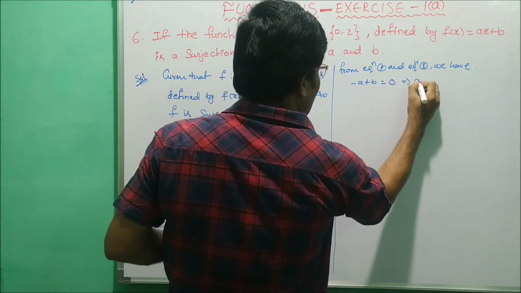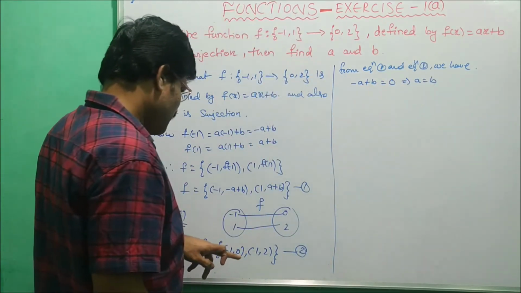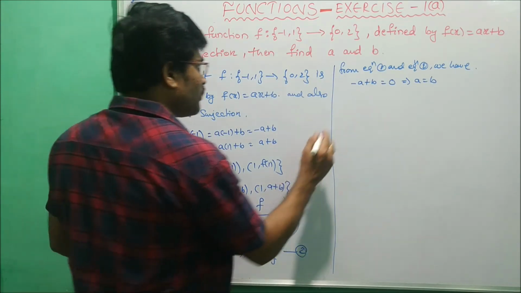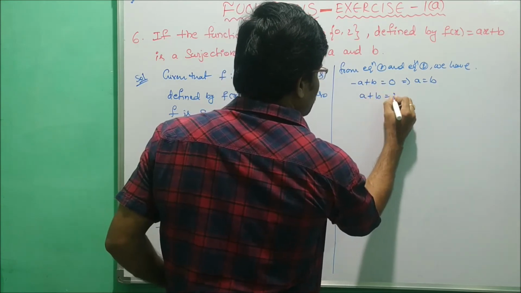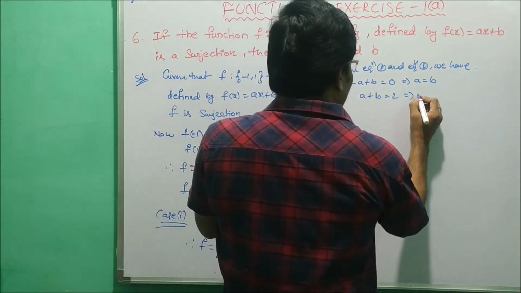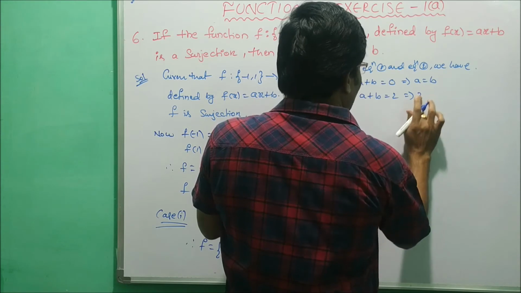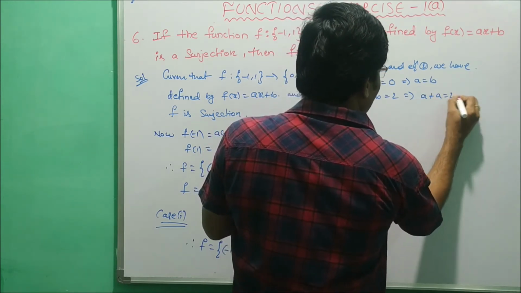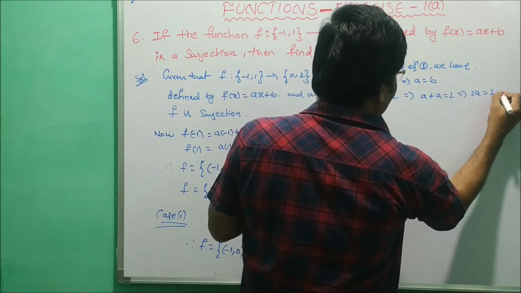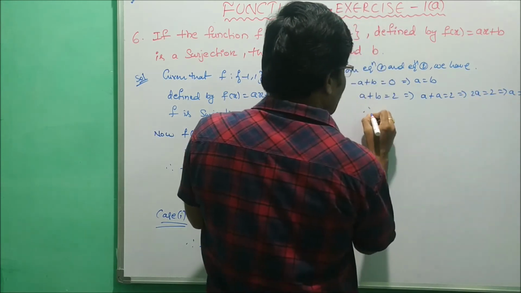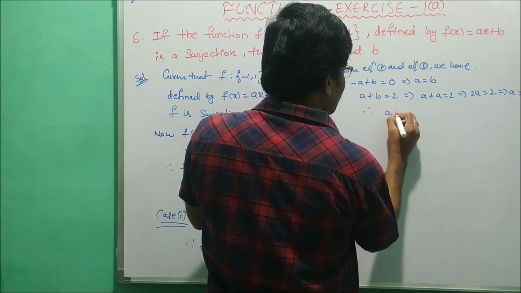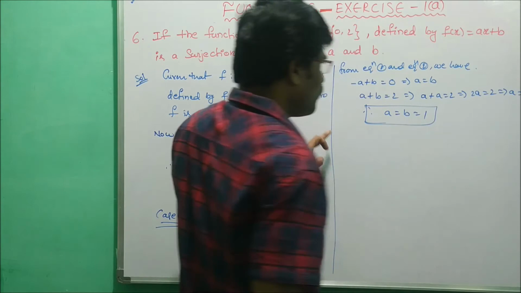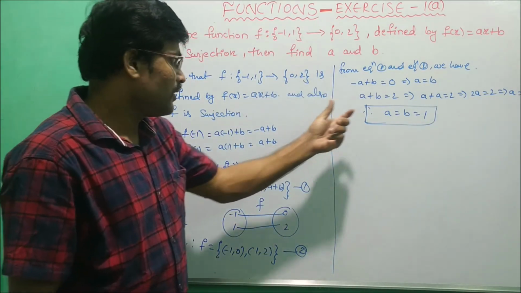That means a equals to b. Similarly, a plus b equals to 2, which implies a plus a equals to 2, which implies 2a equals to 2, which implies a equals to 1. Therefore, a equals to b equals to 1. This is the value of a and b in case 1.